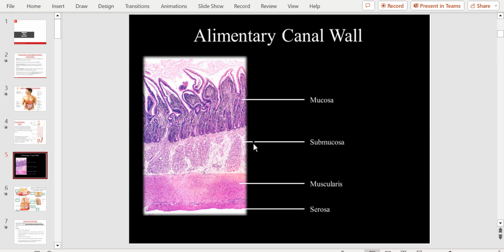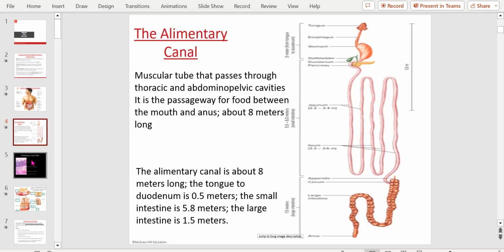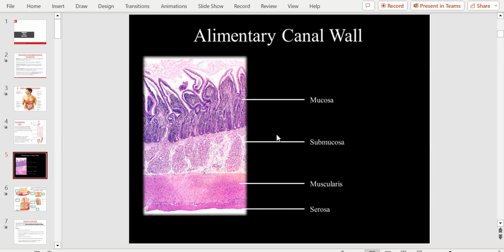Something common to the entire alimentary canal is that it has the same 4 layers throughout, from rooter to tutor. Starting from the outside, there's your serosa layer, then the muscularis. I wonder what that is for. Maybe a little peristalsis, muscle.